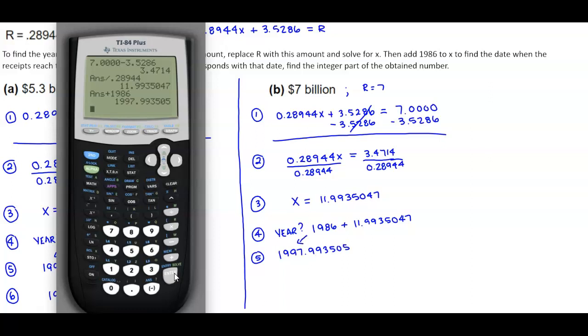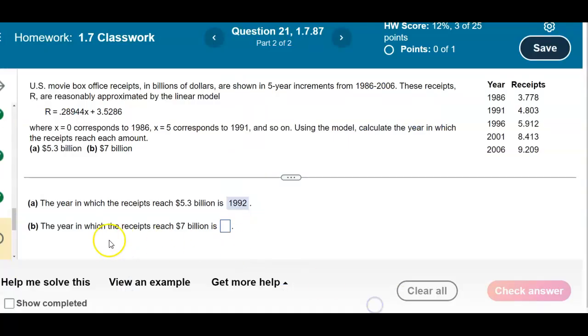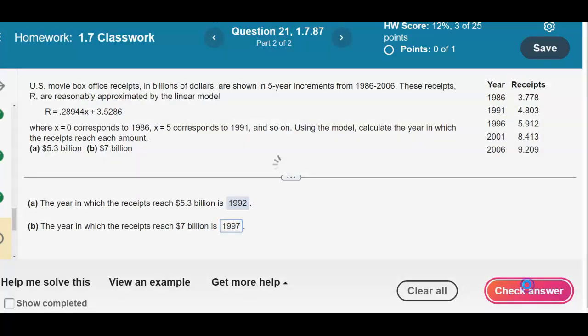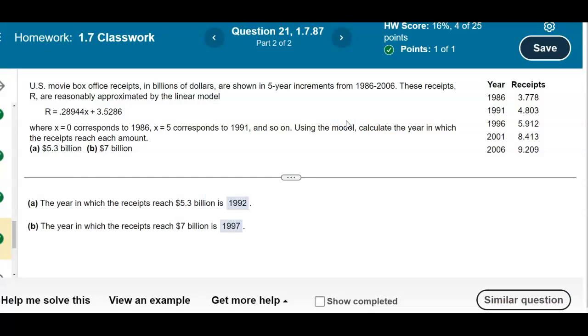And so the 1997 represents the integer part. So the year is 1997. Let's go ahead and put our answer in. So the year in which the receipts reached 7 billion is 1997. Let's check our answer, and there is our result.